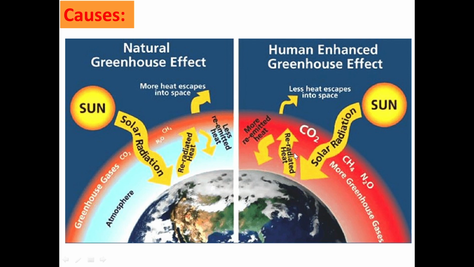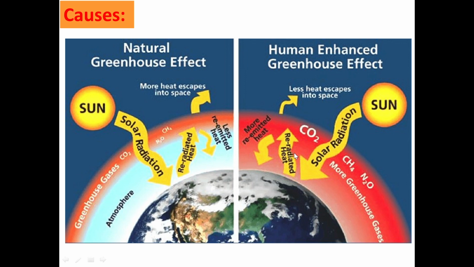They trap the re-radiated heat from the Earth's surface and heat up the lower atmosphere. So this is the mechanism behind global warming. For that reason, the temperature of the lower atmosphere is gradually increasing, and that causes global warming.